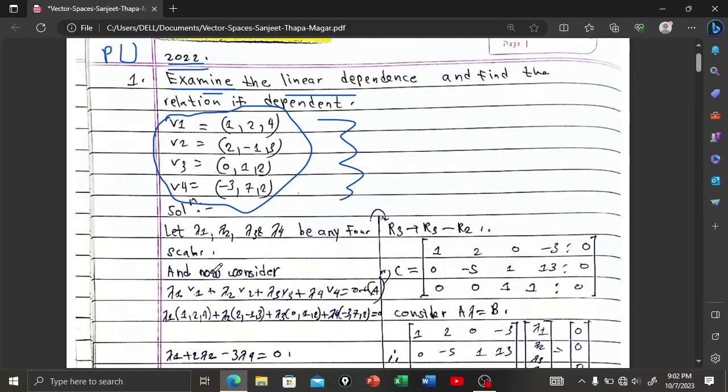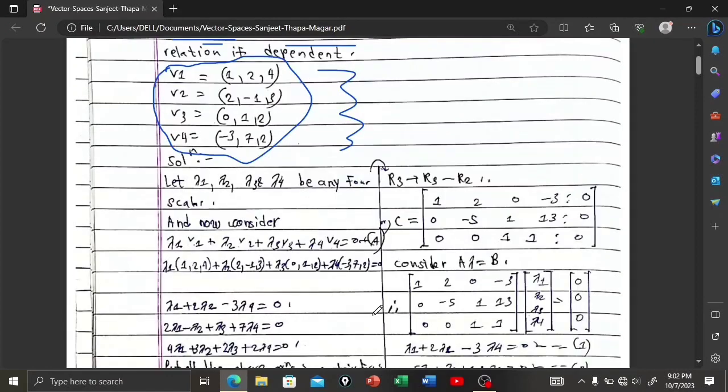Now we write lambda1 b1 plus lambda2 b2 plus lambda3 b3 plus lambda4 b4 equals 0, and let it be equation A. Lambda1 b1 is (1, 2, 4), lambda2 b2 is (2, -1, 3), lambda3 b3 is (0, 1, 2), and lambda4 b4 is (-3, 7, 2), which is equal to 0.